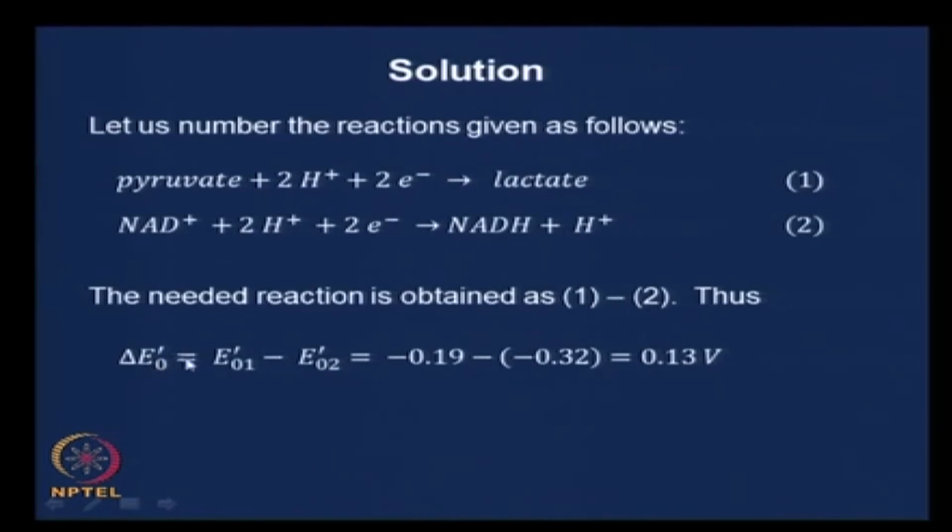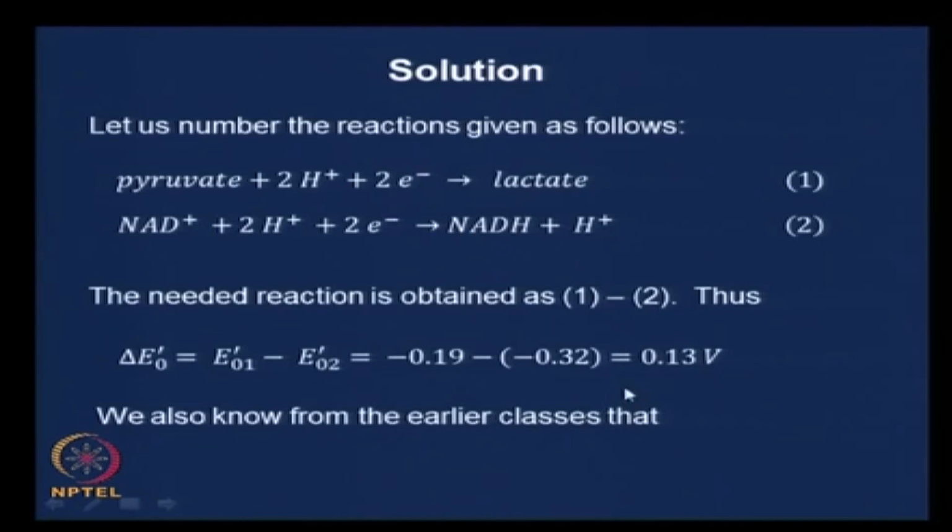So delta E naught dash equals E naught 1 dash minus E naught 2 dash, which, taking the values from the problem statement, E naught 1 dash was minus 0.19 volts and E naught 2 dash was minus 0.32 volts: minus 0.19 minus of minus 0.32 is plus 0.13 volts.